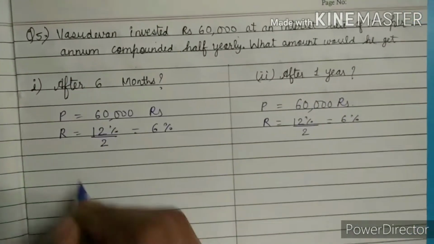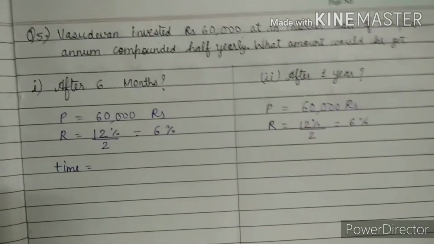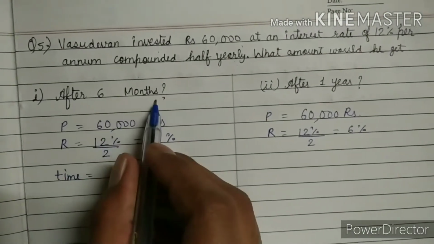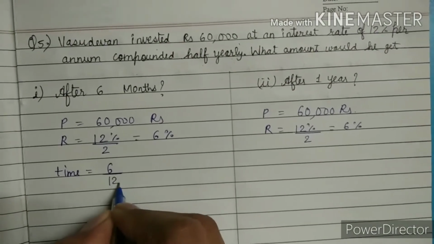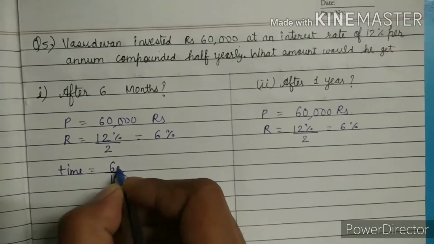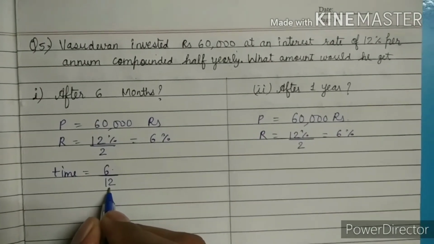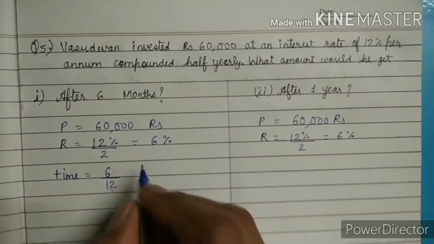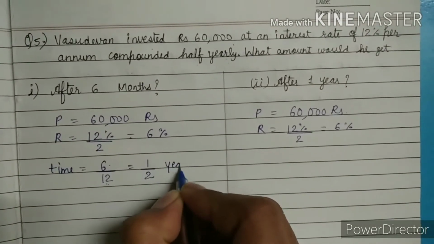Now we are talking about the time in the first case. Time in the first case is 6 months. So 6 months can be written in the form of 6 by 12, because of 6 months in a 1 year. So in a 1 year, how many total months? Total 12 months. So it will become 1 by 2 year.